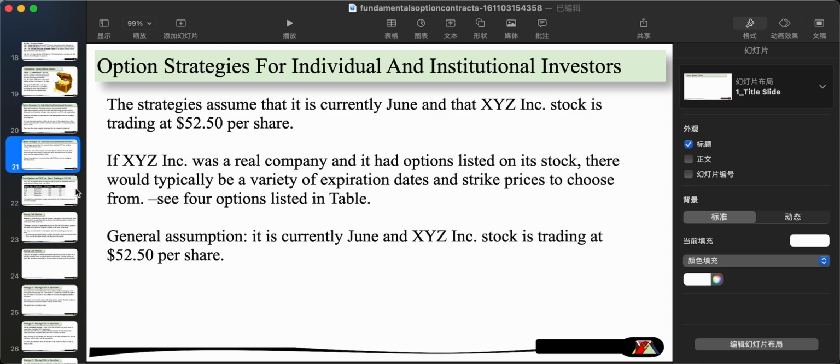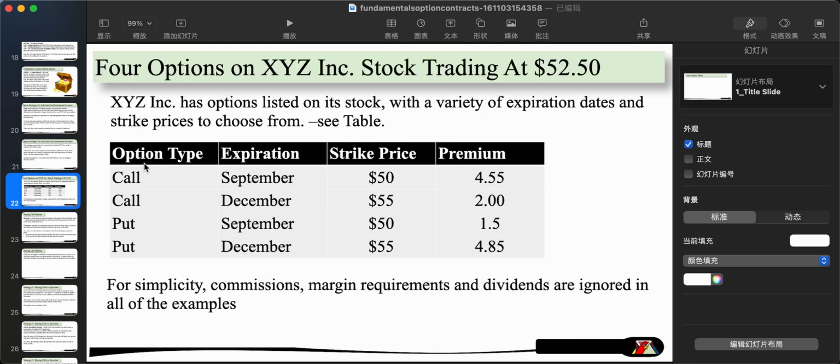General assumption: it is currently June and XYZ Incorporated stock is trading at 52.5 per share. XYZ Inc. has options listed on its stock with a variety of expiration dates and strike prices to choose from.